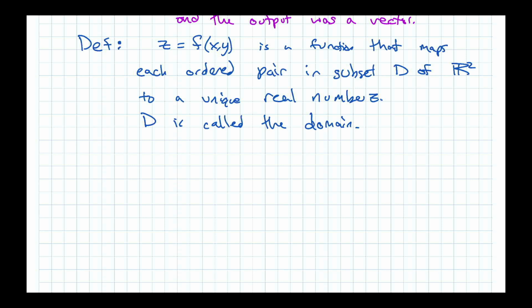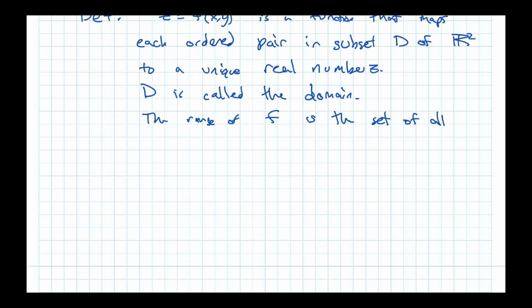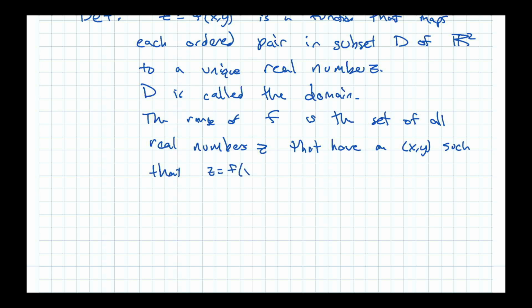The range of f is defined as follows: the range of f is the set of all real numbers z that have an x y such that z equals f of x y.